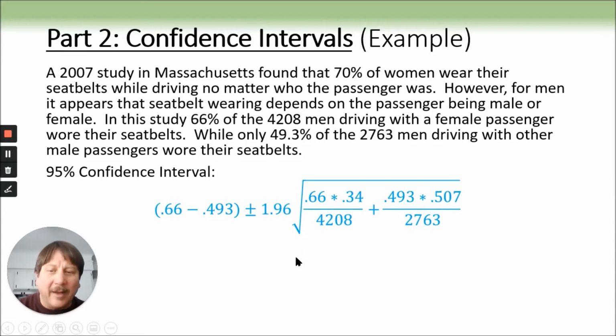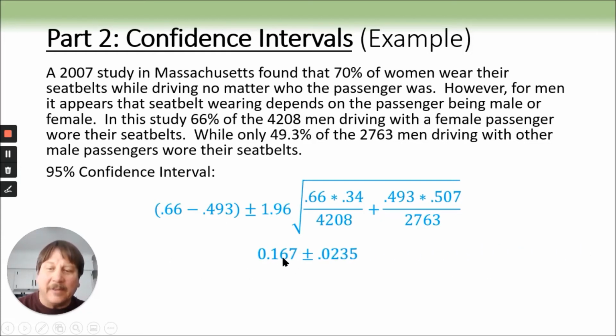There it is, plugged in all those numbers. Our 66%, that's our P1 and our Q1, divided by the sample size, 4,208, plus P2 and Q2 divided by the sample size. Multiply all that out.